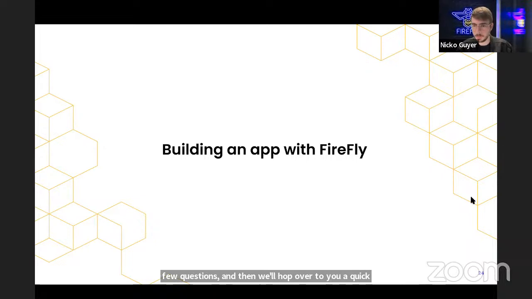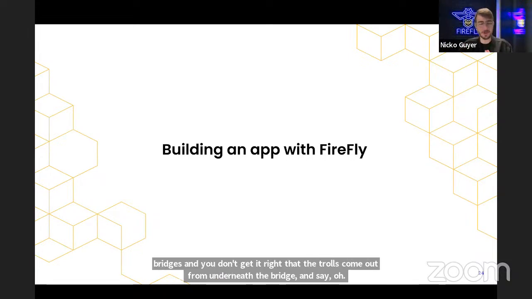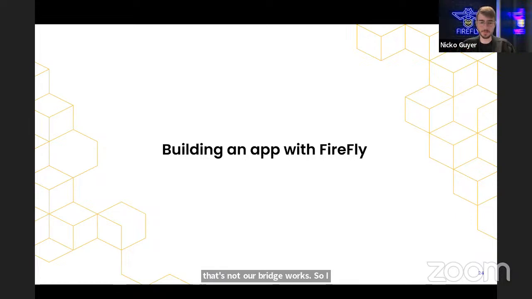So let's see. Somebody asked, can I use FireFly as a bridge for communicating between Fabric and a base network? Sure. I have to be careful when we talk about bridges, because if you talk about bridges and you don't get it right, the trolls come out from underneath the bridge and say, oh, that's not how a bridge works. So I always like to preface this by saying FireFly is not a bridge. It does give you the pieces that you probably need to build a bridge, though.